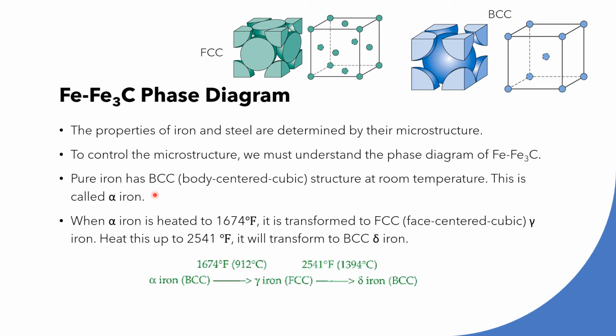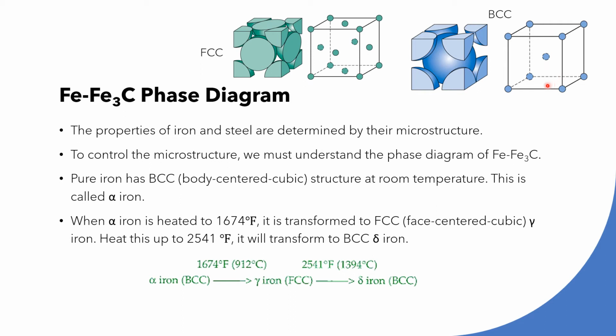Pure iron, I already told you, is a body-centered cubic. Body-centered cubic. So here you can see the atom inside the body, okay? Look at that. So body-centered cubic, and that's a pure iron microstructure at room temperature.